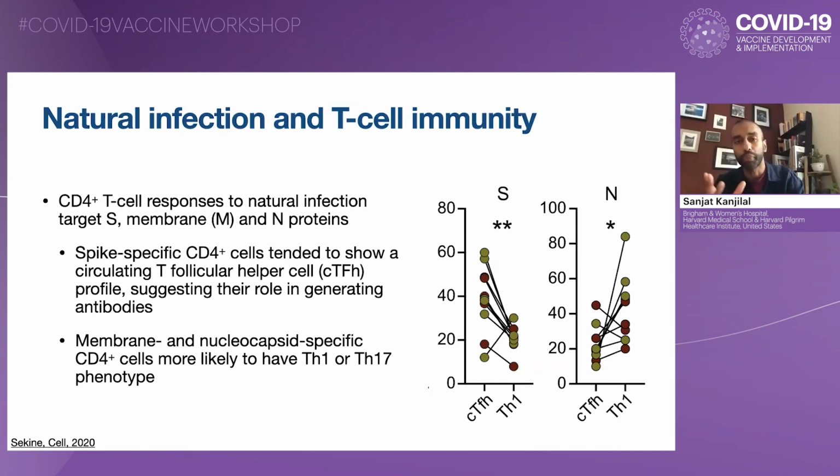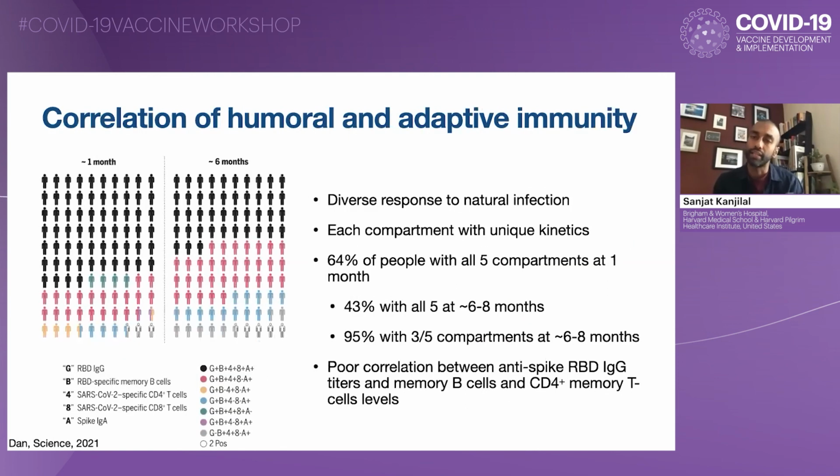And spike-specific CD4 cells tend to show a T follicular helper cell phenotype, suggesting that they're really responsible for optimizing the antibody response to the virus, indicating how important that is. But CD4 cells targeting the membrane or the nucleocapsid proteins are more likely to have a Th1 or Th17 phenotype. And so the humoral and the adaptive immune responses are very tightly linked to one another, and infection itself leads to a very heterogeneous response.